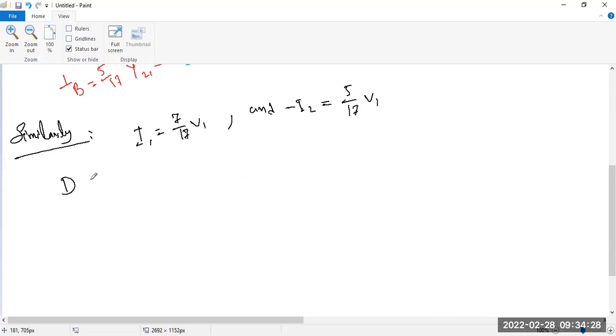So D, actually we are going to find out the D. Just remember, what is the D? D is I1 by I2, minus I1 by I2. And what is the name of these things?